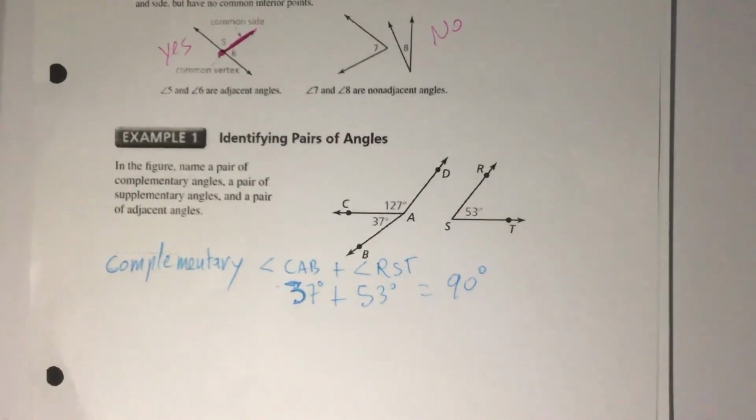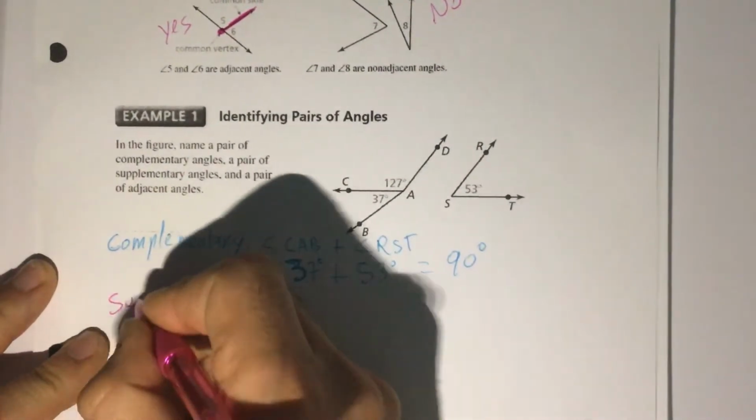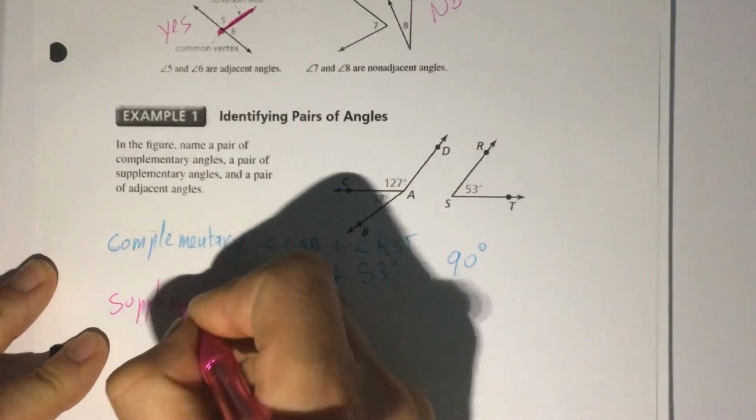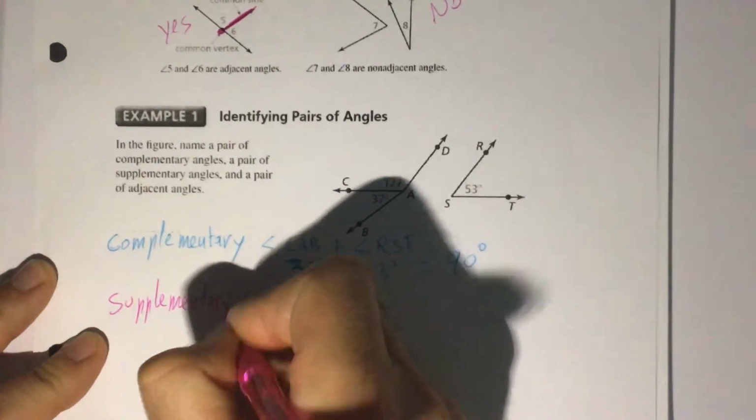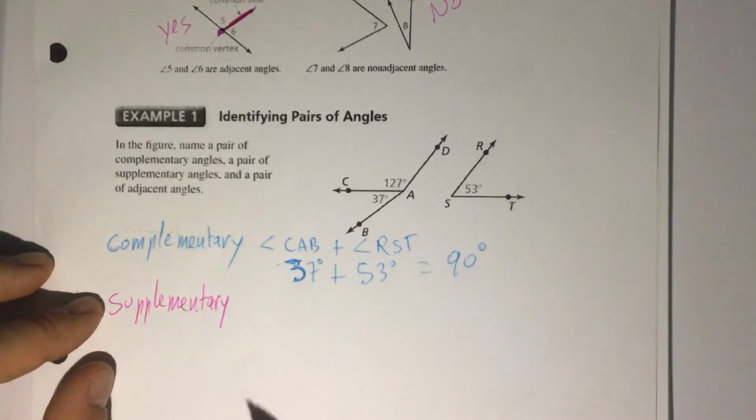Now let's take a look at two supplementary angles. Supplementary, I'm trying to look for two angles that add up to 180 degrees.